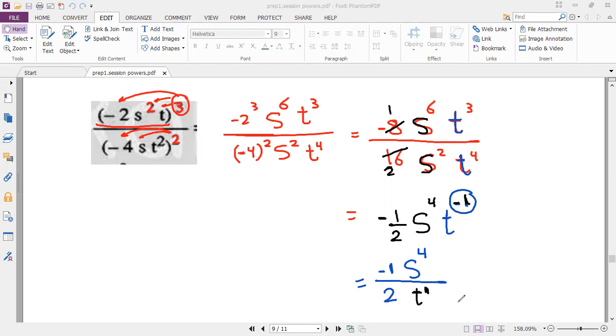This equals negative s to the power of 4 over 2t, because we don't need to write 1, 1 is the multiplicative identity. This is the simplest form of this expression.